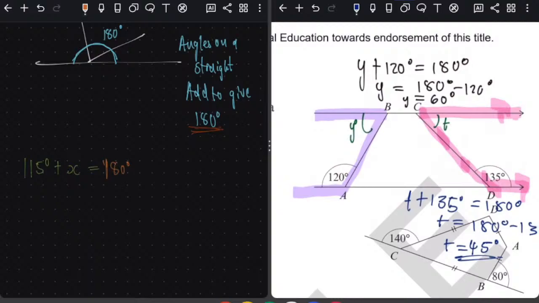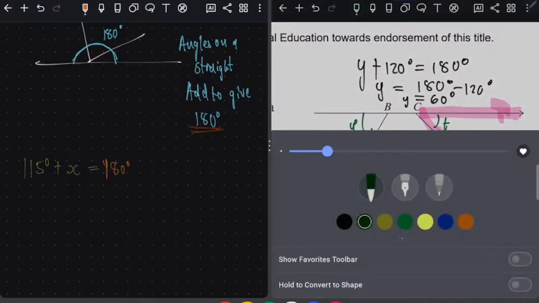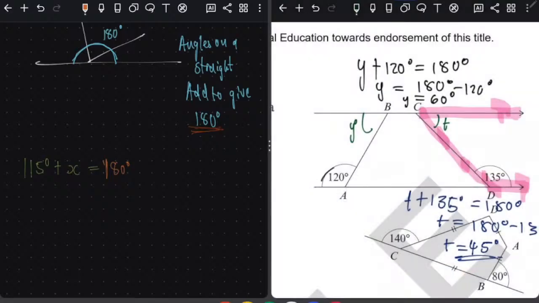Use the rules. What you could have also done, look: without looking for T, you would have said, there's a straight line here. So if I call it A, I'll say A plus 120 degrees gives me 180 degrees. Then you get A is equal to 180 degrees minus 120 degrees.